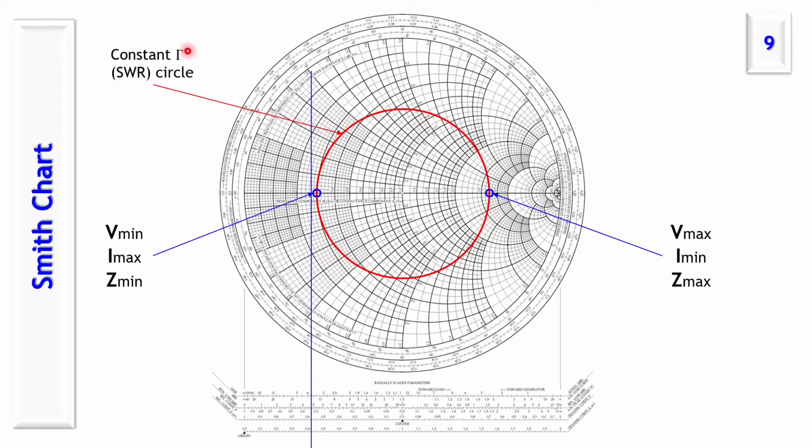And if we know the reflection coefficient, we know the relationship between reflection coefficient and standing wave ratio. Standing wave ratio is 1 plus magnitude of gamma divided by 1 minus magnitude of gamma. So if we know this value of gamma, we can right away know the value of standing wave ratio. And all of these relations are shown here, and I'm going to show it shortly.